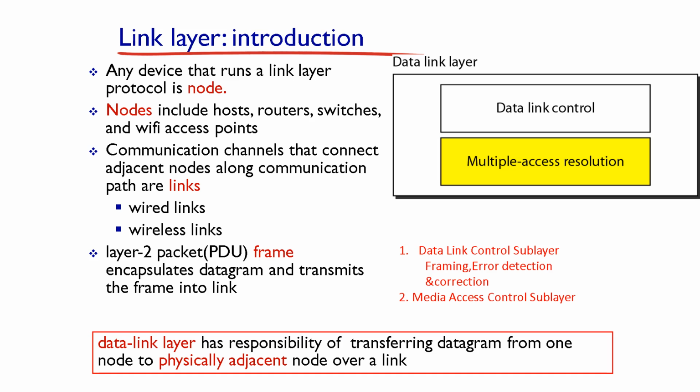Whereas multiple access resolution, the second part of the link layer, is dedicated only to accessing the shared channel. We will study the two layers in detail in the coming slides.